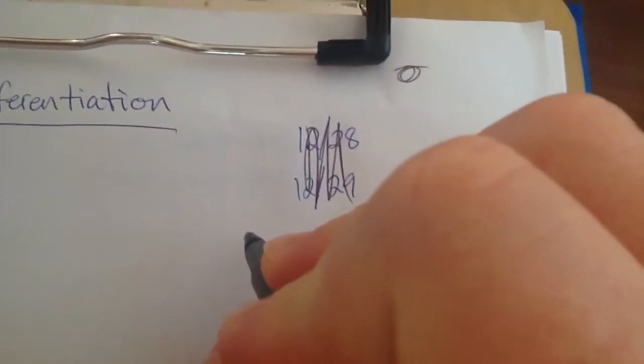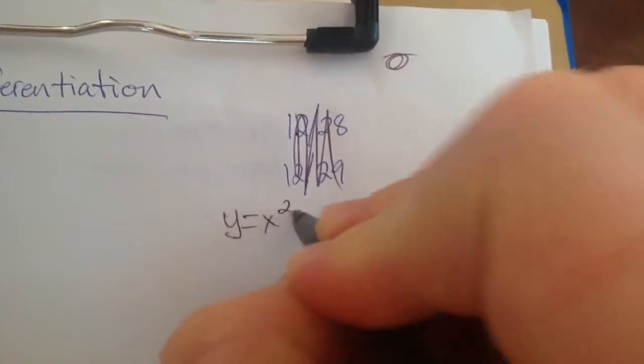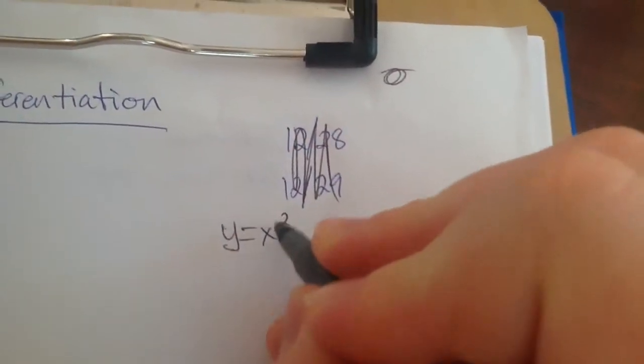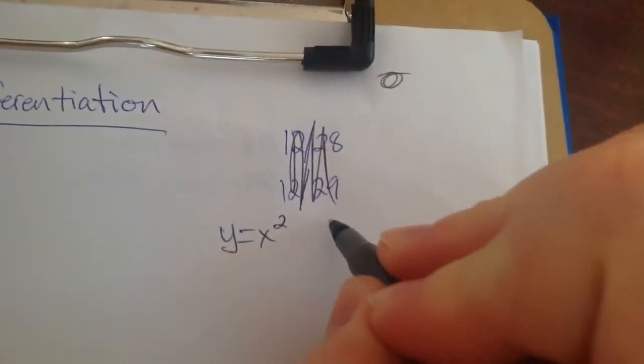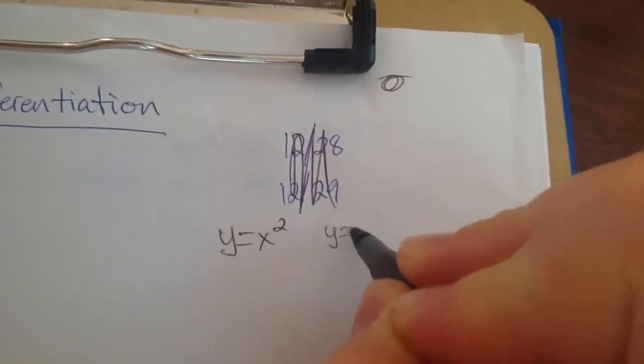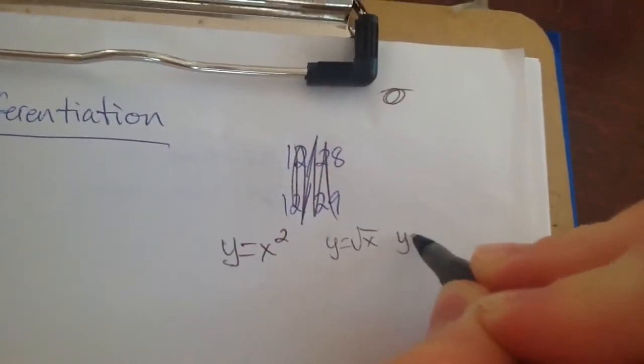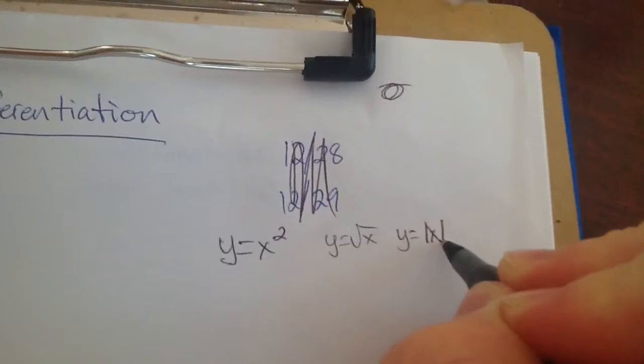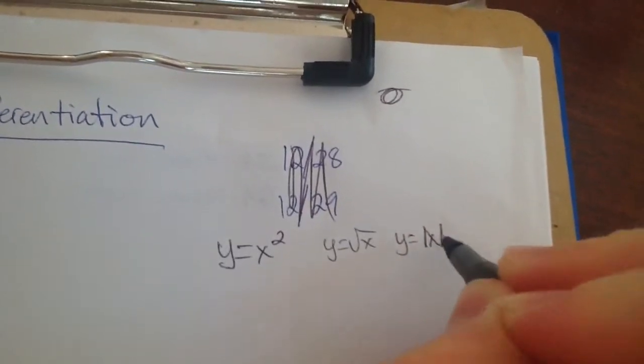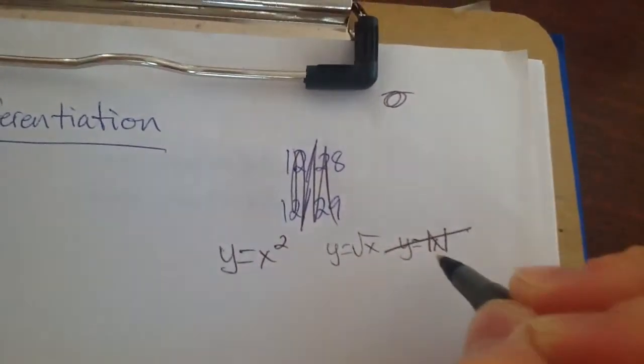we've done derivatives of all kinds of functions, right? We could do the derivative of y equals x squared, any power, using the power rule. We can do derivatives of square roots. We haven't done derivatives of absolute value functions, but that's just more thinking than anything.